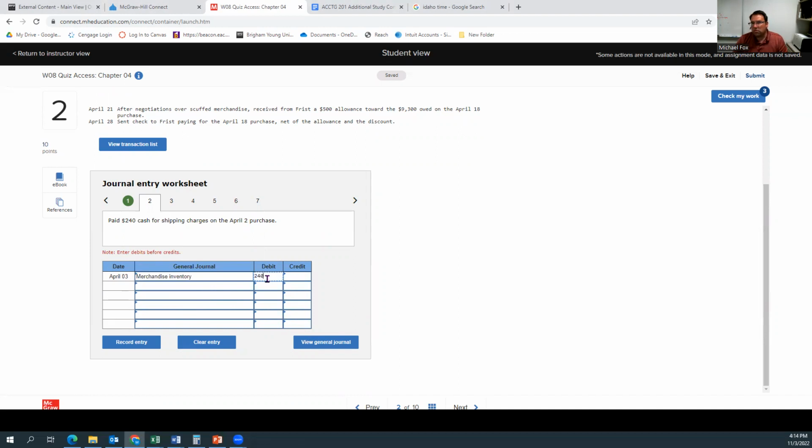Remember, the merchandise inventory account doesn't show us how much the asset is worth. It shows us how much it cost. So we're going to include not only the cost we paid for the inventory back in one, but we're also going to debit the cost of getting it shipped to us. And then it says we paid cash, so we're going to credit cash.